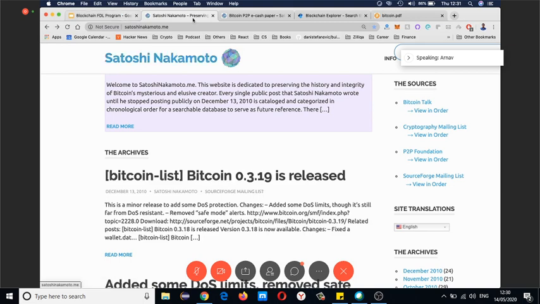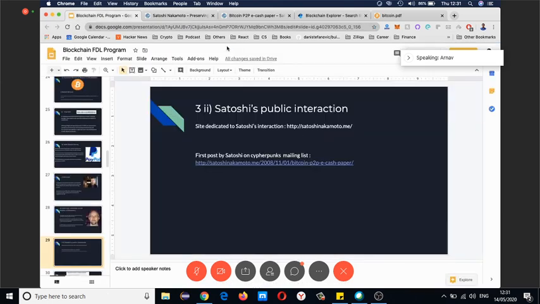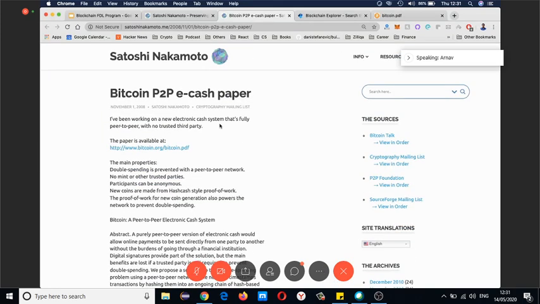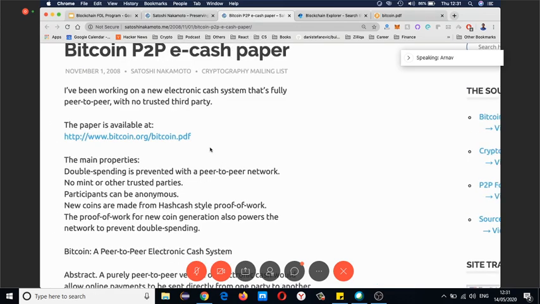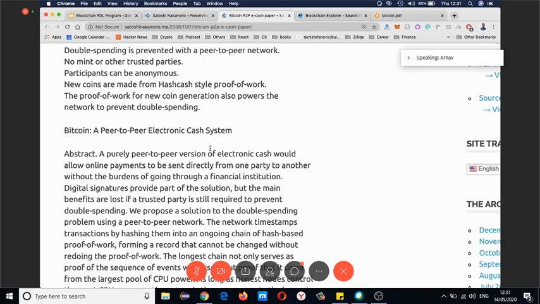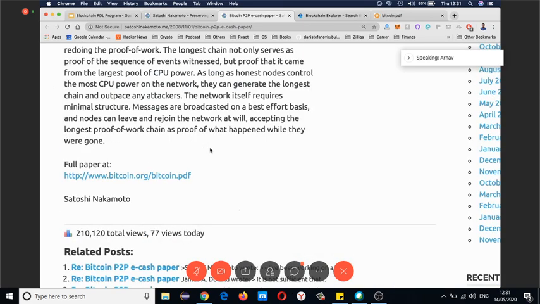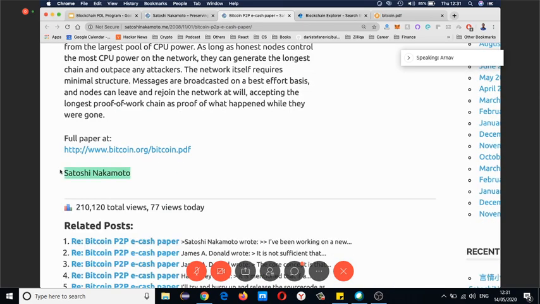It's quite interesting. And this link is the one from November 1, 2008, in which Satoshi dropped the Bitcoin P2P eCash paper, and the paper right now is available on the bitcoin.org site. He posted this under his name, Satoshi Nakamoto.